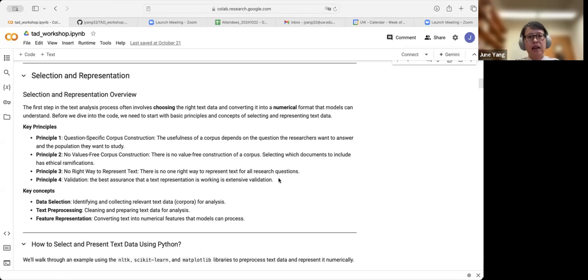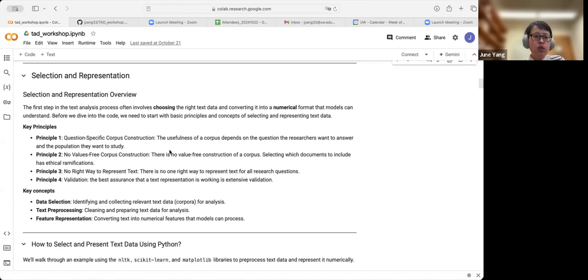Because when we present text, whether in English or in other languages, the machines don't understand it unless we convert our text data into a numerical format. This input format can only be understood by the computer itself. So in this section, we will mainly be learning about how we select and represent text using different kinds of methods.